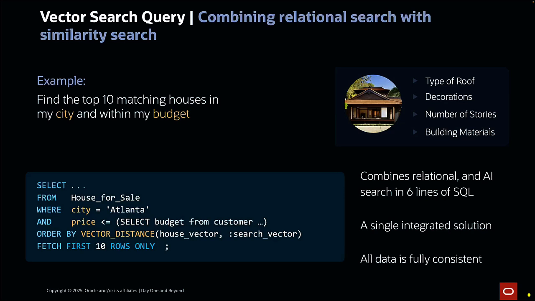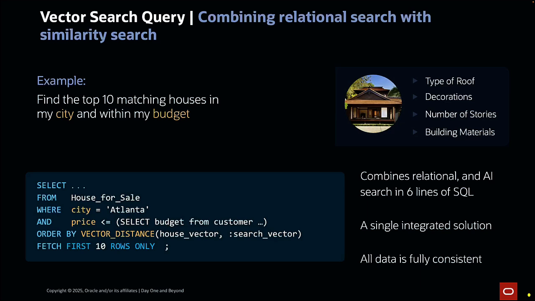And this is where the Oracle database engine comes into play because I'm able to filter out the data, honing in on just those rows in my house for sale table that match the problem I'm trying to solve. So in this case, I happen to be located in Atlanta, so I'm only looking for houses for sale in Atlanta that look similar to this image. And at the same time, I've got a set budget.